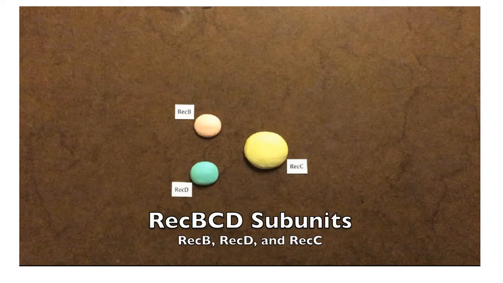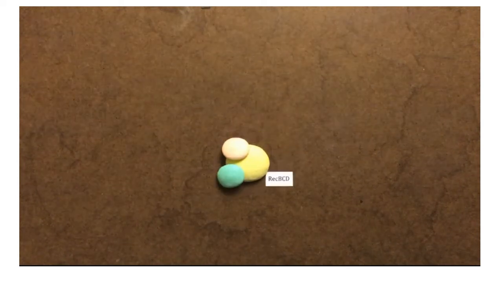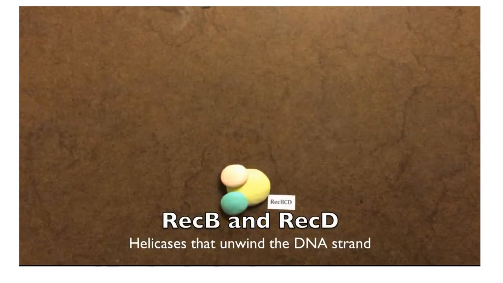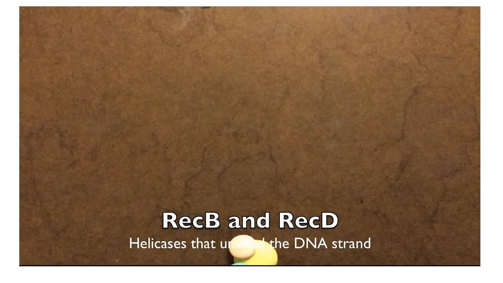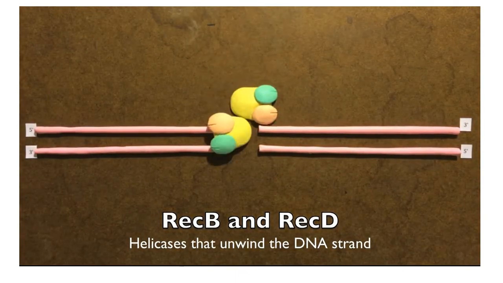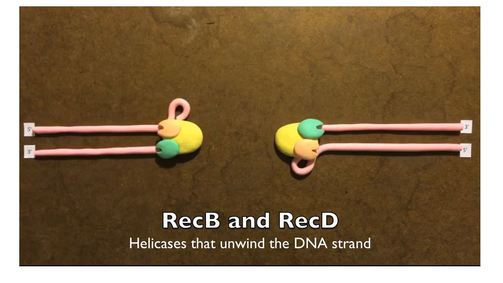RecB and RecD are the DNA helicases that use ATP hydrolysis to unwind the DNA strands. RecB unwinds the DNA in the 3' to 5' direction at a slower pace and creates a single-stranded DNA loop. RecD unwinds the DNA faster in the 5' to 3' direction.